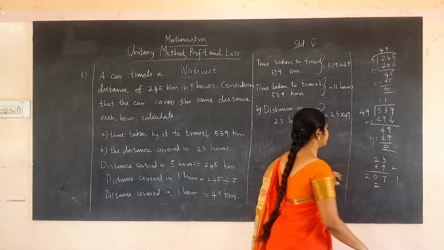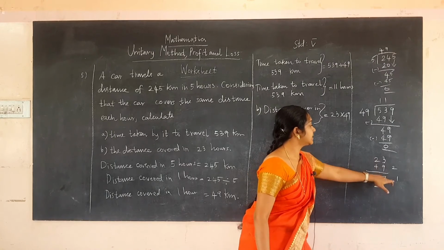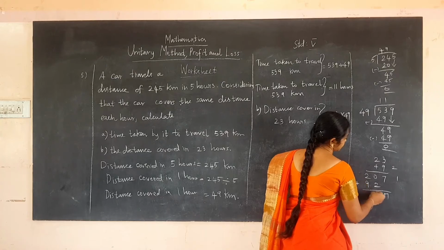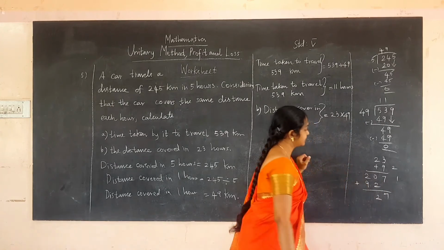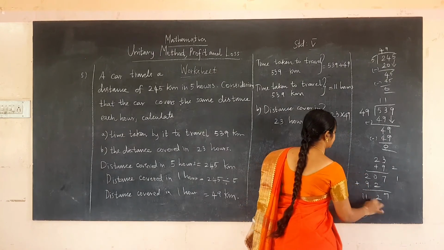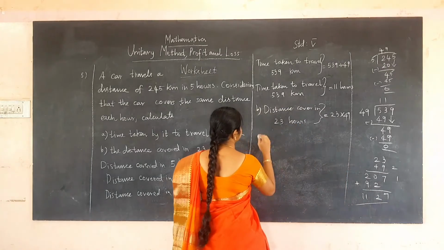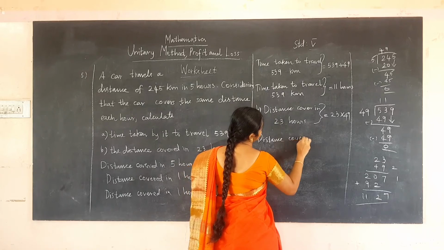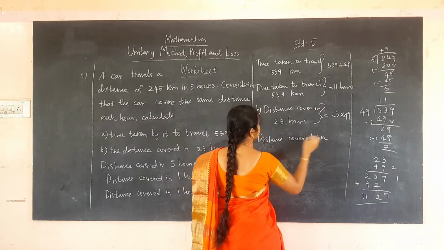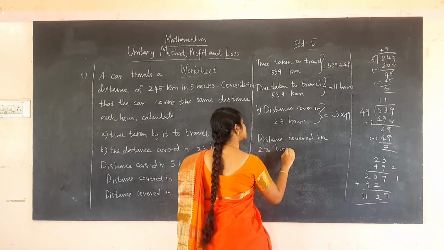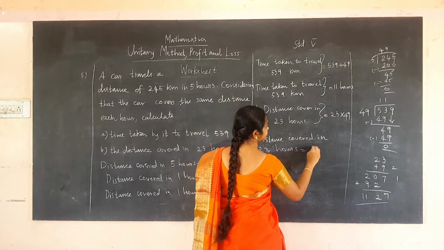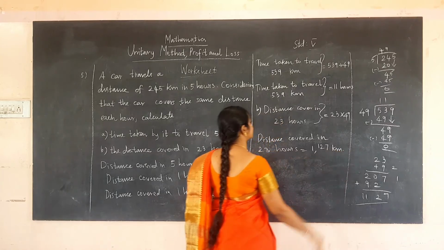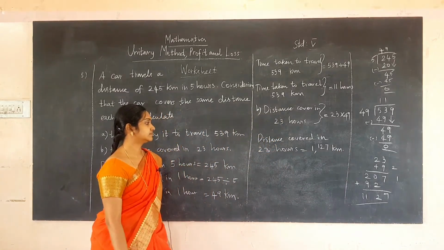So 1 is remaining. 4 twos are 8. 8 plus 1 is 9. Now add. 0 plus 2 is 2. 9 plus 2 is 11. So distance covered in 23 hours is 1127 kilometer. This is the answer.